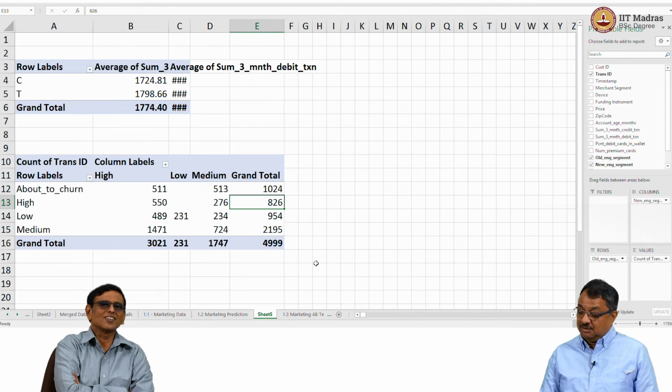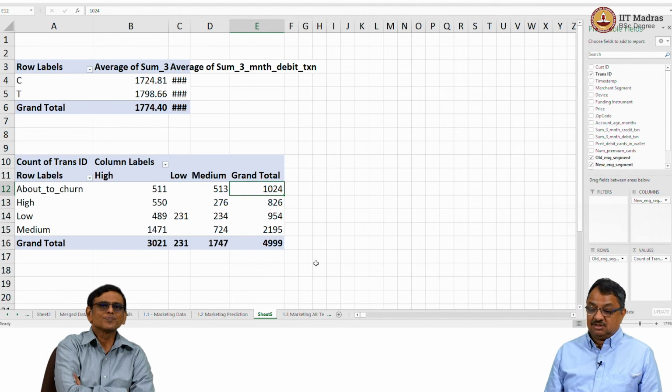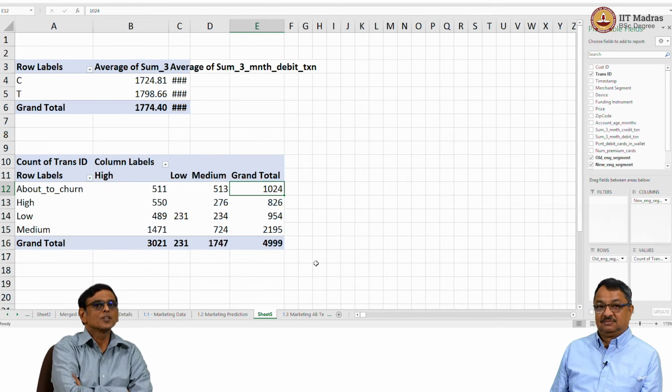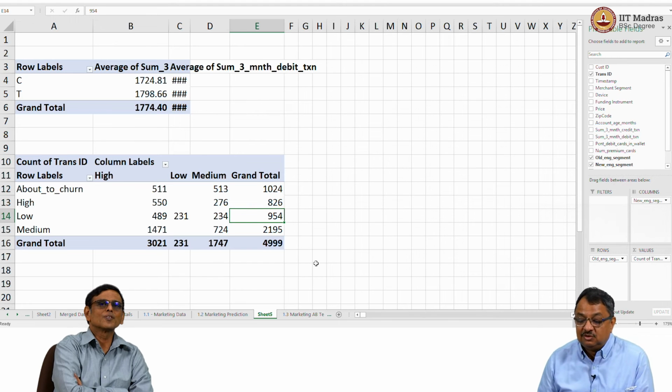But for those about to churn, we had 1,000 people who were originally about to churn, and half of them have become high engagement, and half of them have become medium engagement. That is good. Nobody is in low.